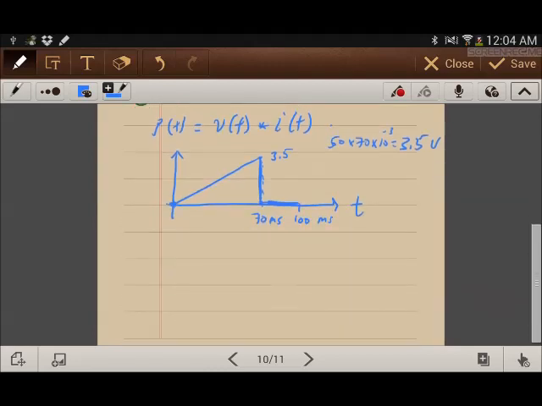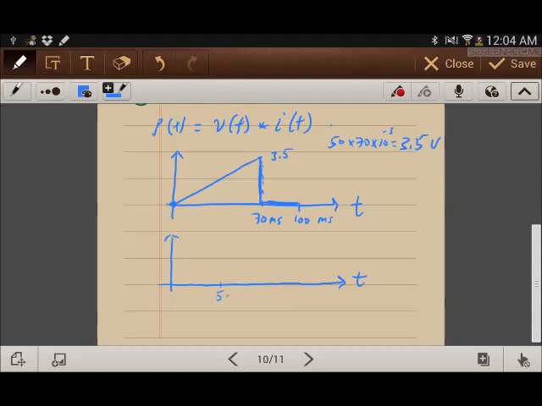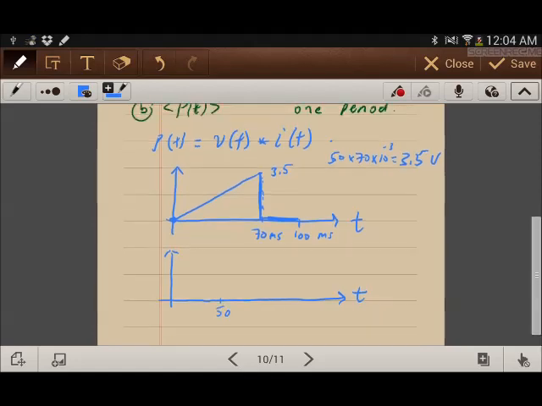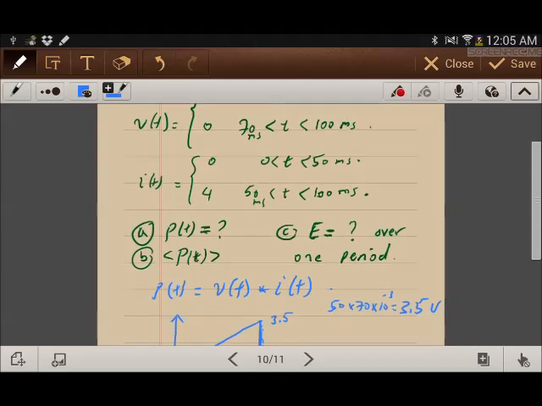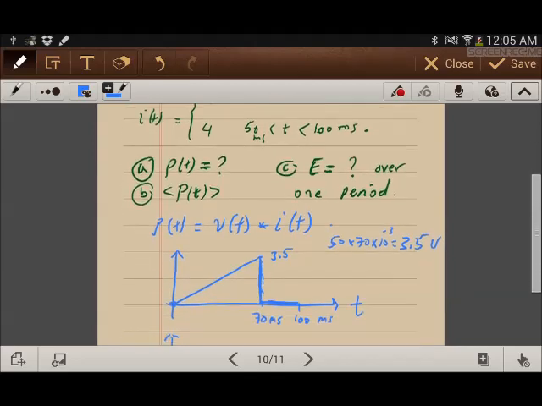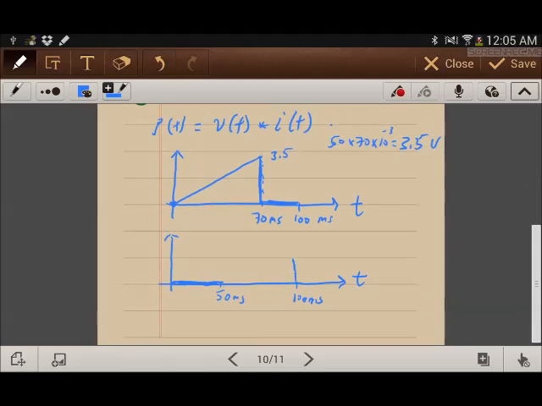Then the current as a function of time will be, this is 50 milliseconds, and this is 100 milliseconds. It will give me 0 between 0 and 50, and then 4 amps between 50 and 100.